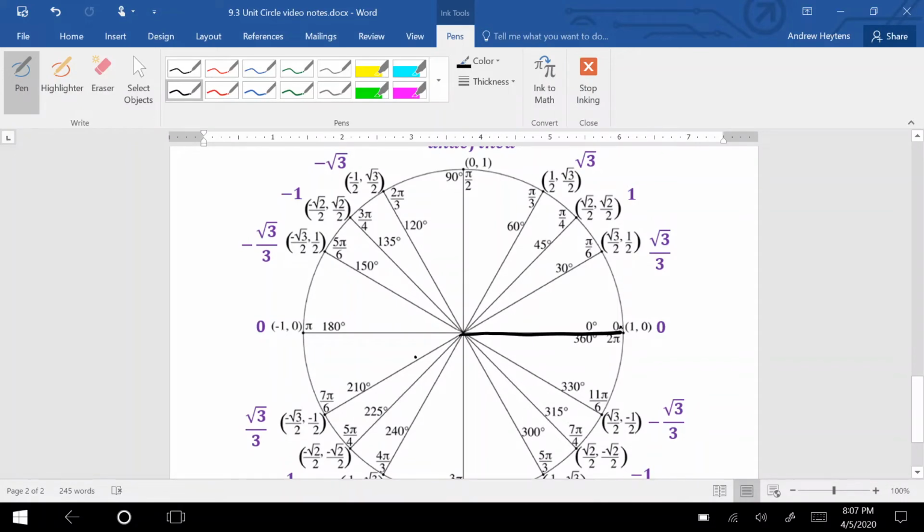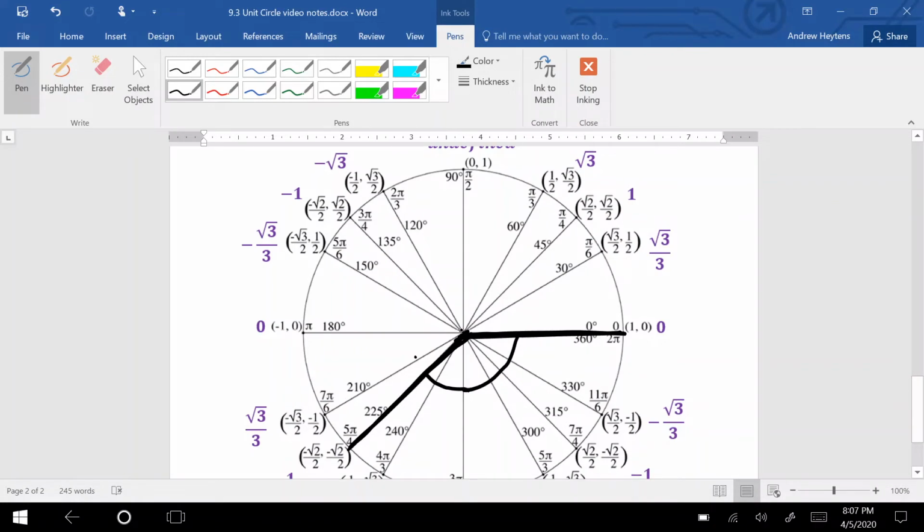Now I need to go find negative 135 degrees. Here's negative 90. And then I need to go 45 degrees more. So I'm going to go over to here. This would be negative 135.